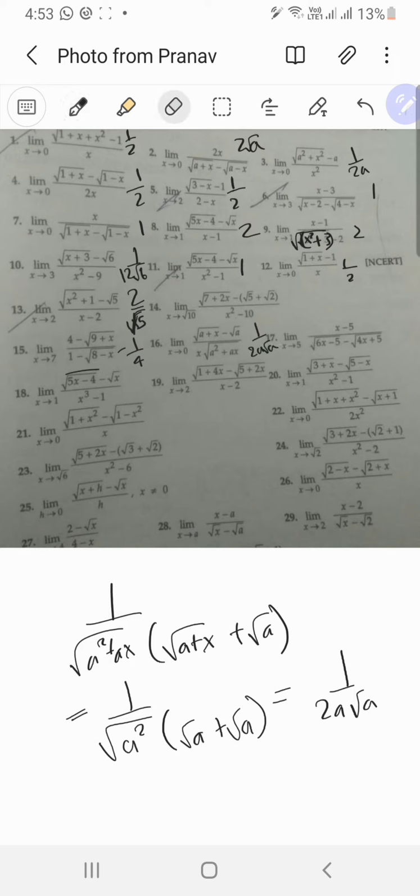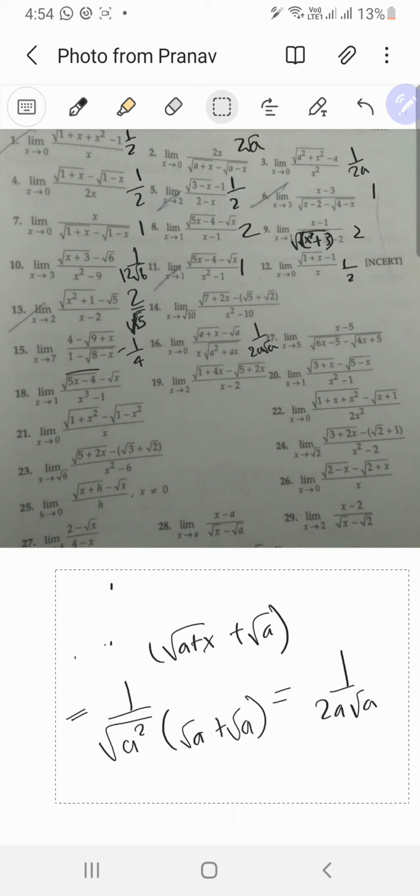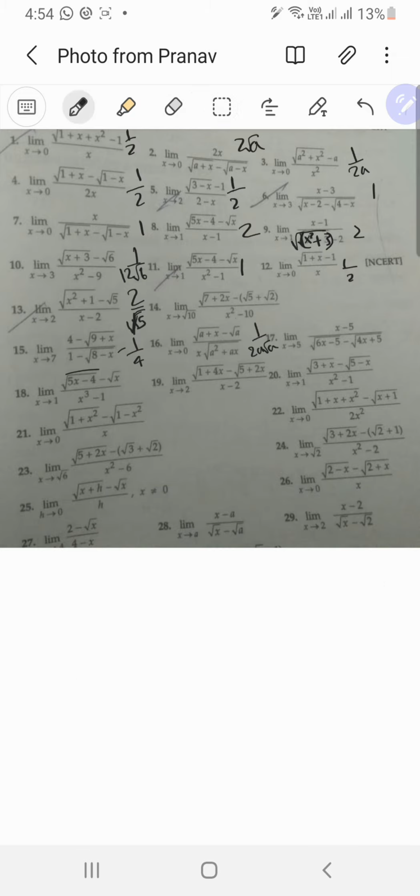Next, 17th. Limit x tends to 5 of x minus 5 upon square root of 6x minus 5 minus square root of 4x plus 5. Yeah, just rationalize. This should be x minus 5 upon, subtract, you should get 2x minus 10.